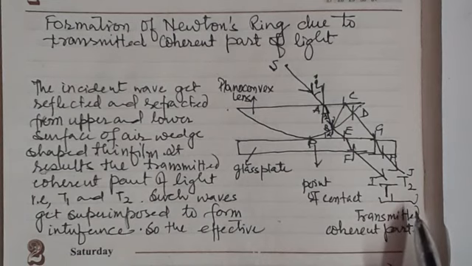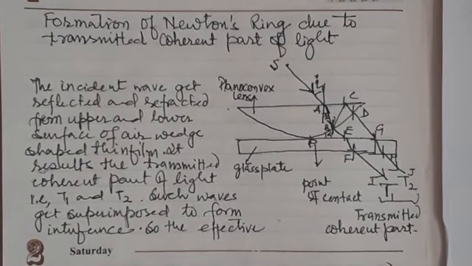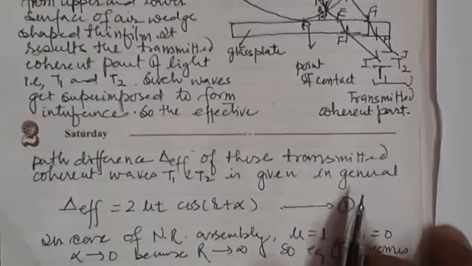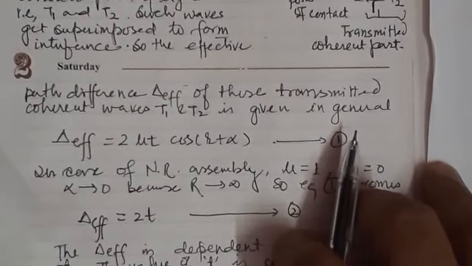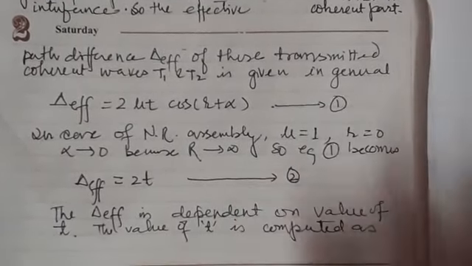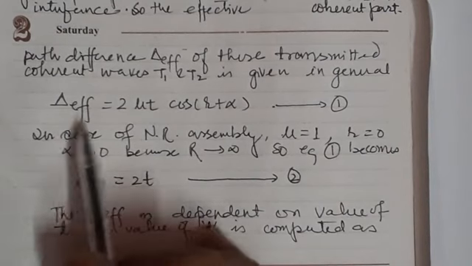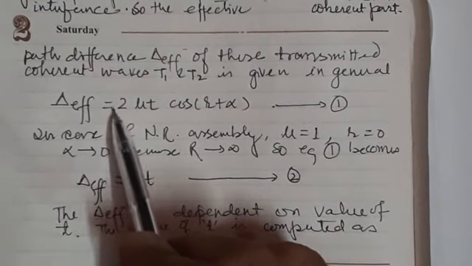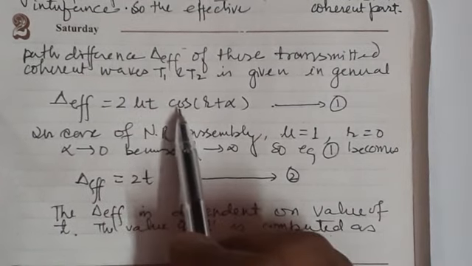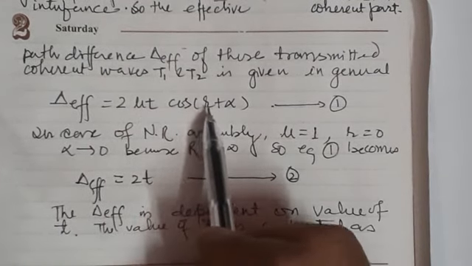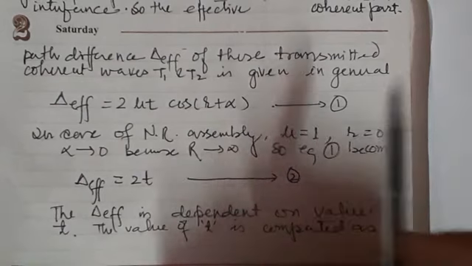So the effective path difference of T1 and T2 is given by delta effective. In general, delta effective is equal to 2 mu t cos of (r plus alpha), that is equation 1.